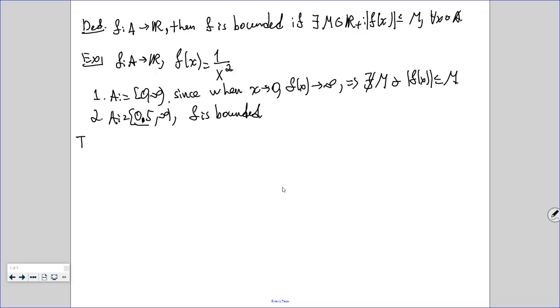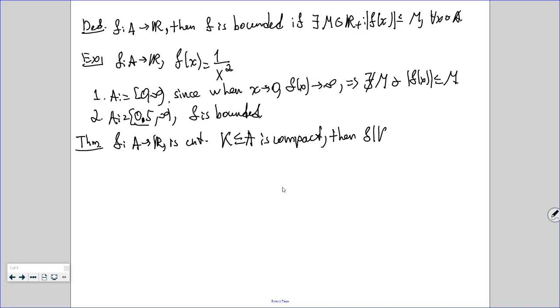Recall that we say that a set is compact if it's closed and bounded. Now the theorem says that if f is continuous and K, a subset of A, is compact, then f(K) is also compact.